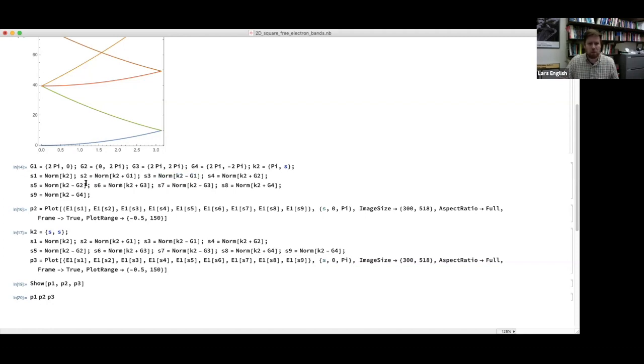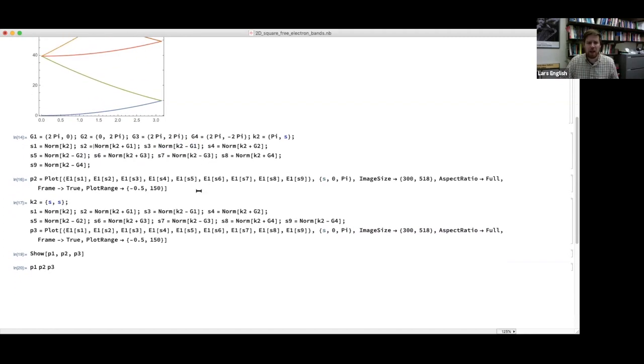Okay, and so I'm basically evaluating a whole bunch of magnitudes, and then I'm plugging it into the energy formula where the magnitudes now get squared, right? So that's another way of implementing the same thing. And here I'm plotting basically the 9 curves, okay? Again, s ranges from 0 to pi. What does that look like?